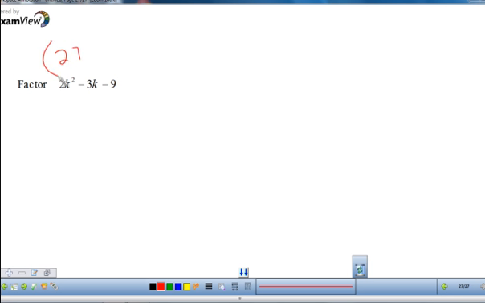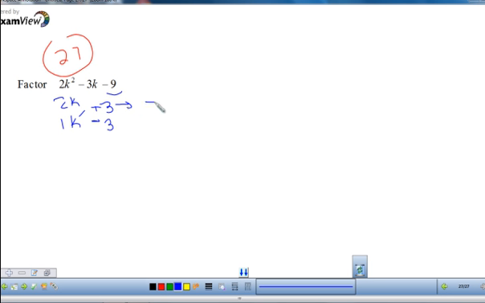Okay, 27 says factor. So we're going to do guess and check. Two numbers multiplied together that give you 2k squared: 1k and 2k. Two numbers multiplied together that give you negative 9 are 3 and 3. One has to be a negative, the other one has to be a positive.